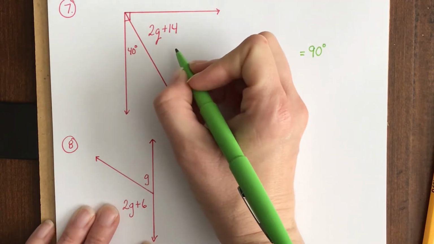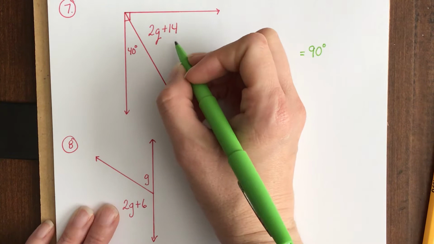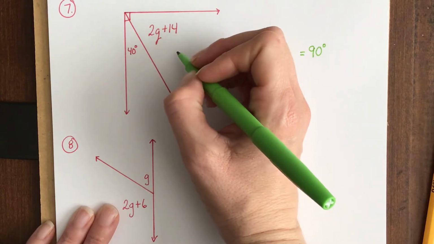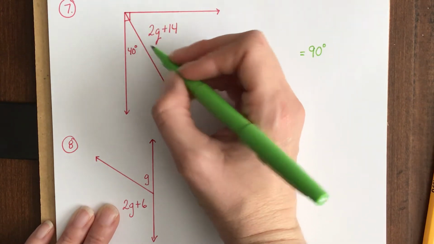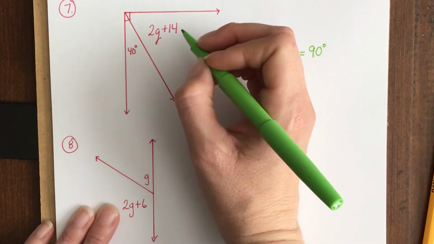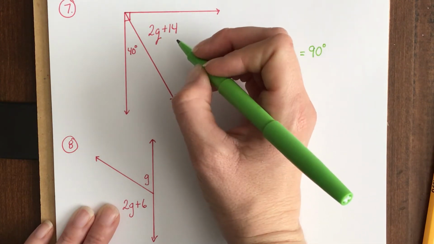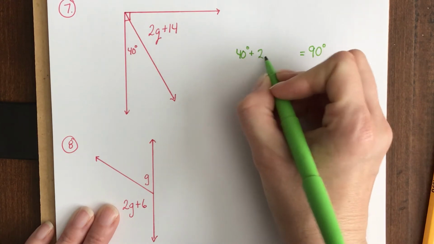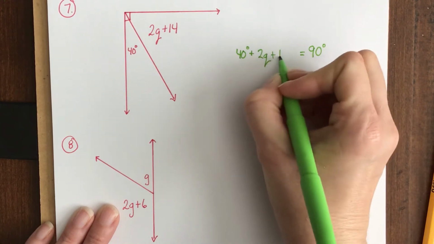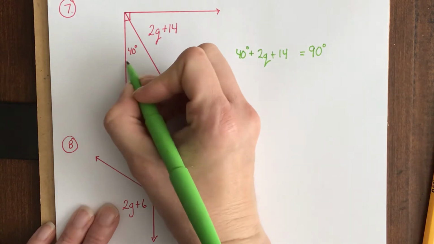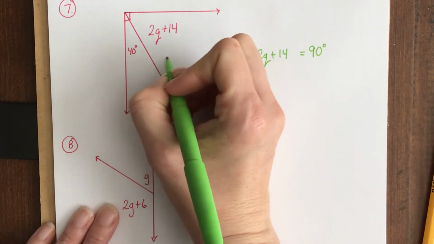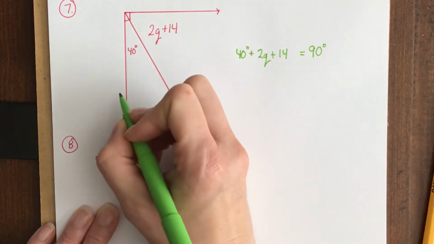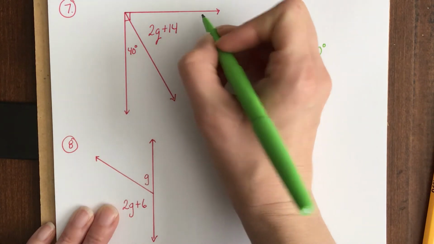Now, this looks odd. You're not used to seeing measures of angles with variables in them. But we're just going to take it like it is and say that this is the measure of this angle, and we're going to add it to that 40. Okay, so this angle 40 plus the measure of this angle is going to equal 90, which is this whole thing.